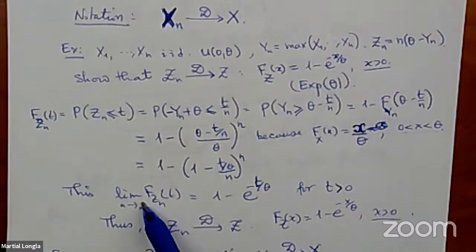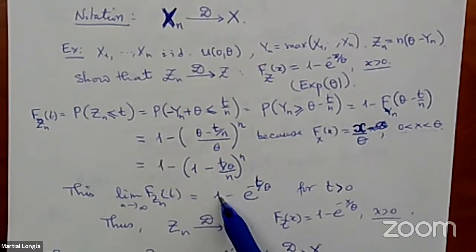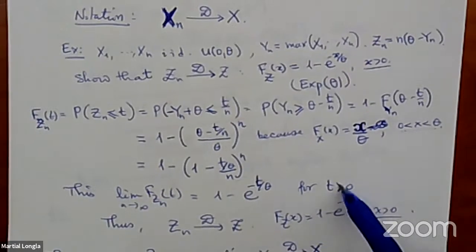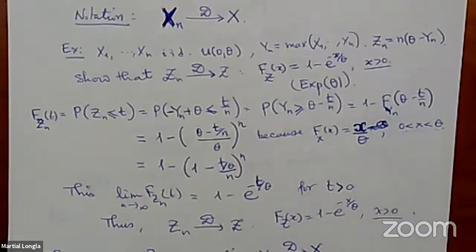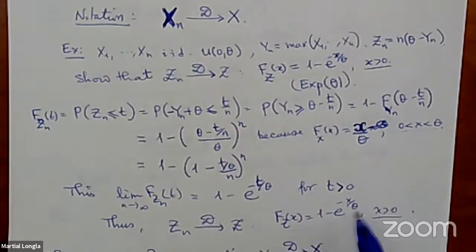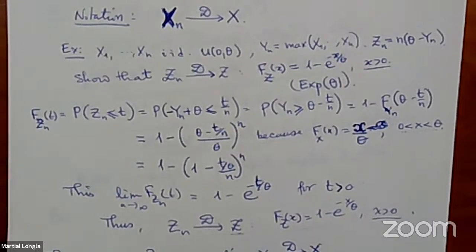Therefore, the limit of the CDF of Zn is equal to 1 minus e to negative T over theta for T larger than 0. And that's exactly what we needed. And it is the distribution of the exponential random variable with parameter theta. Any questions?